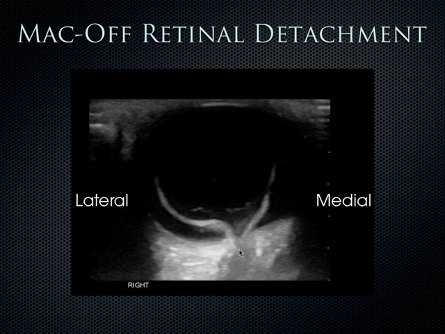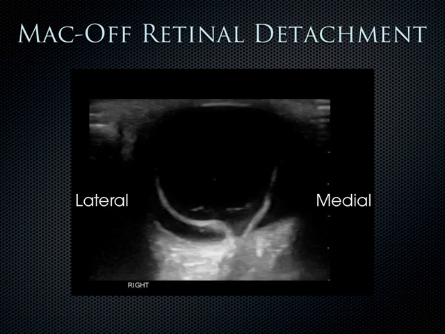So here's the optic nerve sheath coming down, and if the retina is detached off the back of the eye at the level of the macula, then they have less of a good prognosis when this gets lasered back down. The ophthalmologist comes along and uses lasers to get this retina attached back to the choroid of the eye. So that's a MAC off retinal detachment, because it's really only tethered right at the optic nerve sheath.